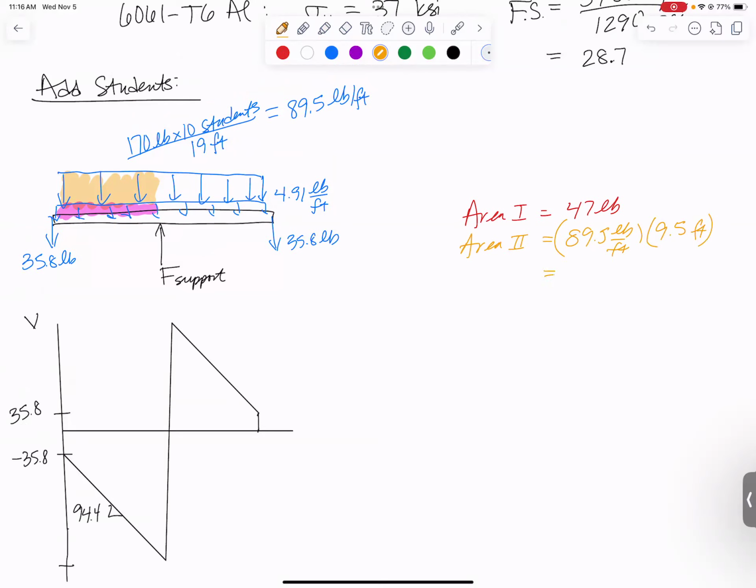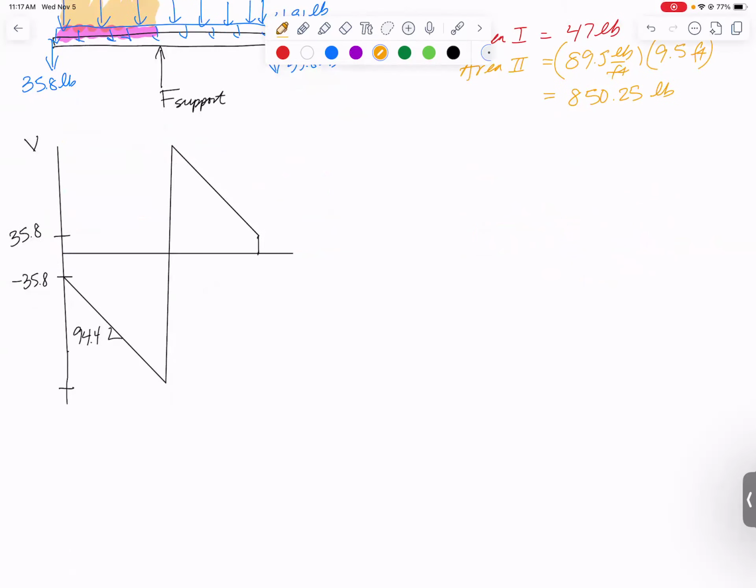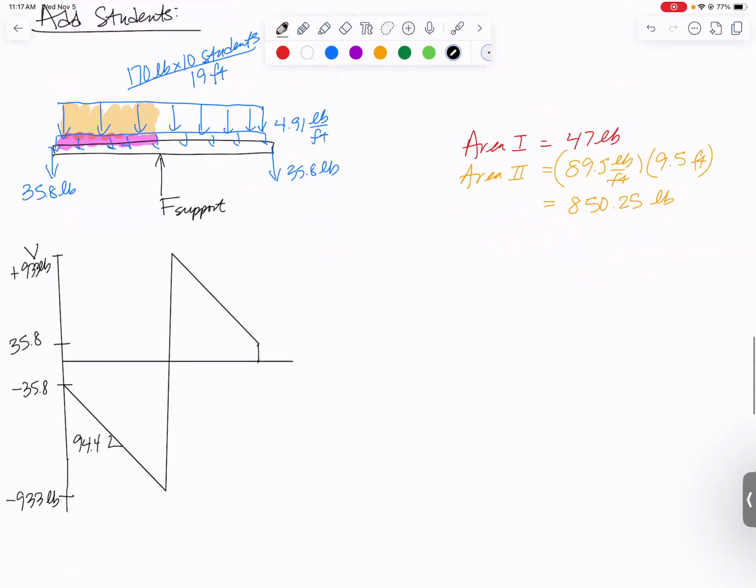That one comes out to be 850.25 pounds. So add those two up. We've got to add 897 pounds to our 35.8, which takes us down to 933 pounds. We do our support force, that's going to kick us up to plus 933 pounds. And then we go down again. Our shear force diagram looks like that.